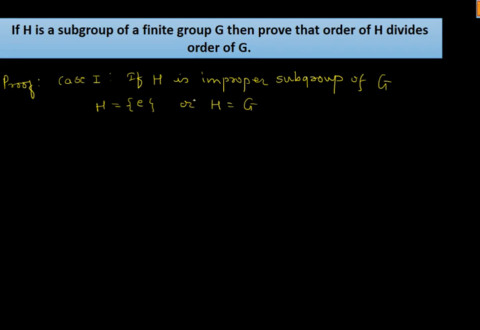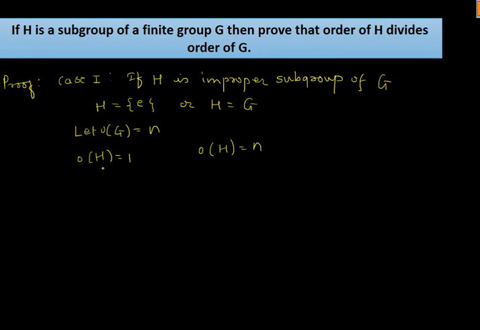Now G is finite, so let us consider the order of G is n. So let the order of G be equal to n, and therefore the order of H is equal to 1 when we are considering singleton set E, and if H equals G, then the order of H is equal to the order of G, and that is nothing but n.